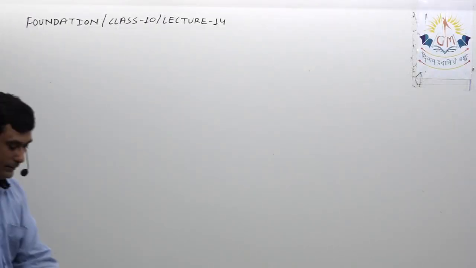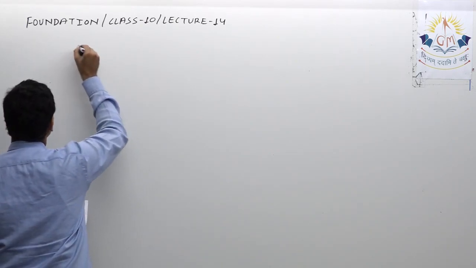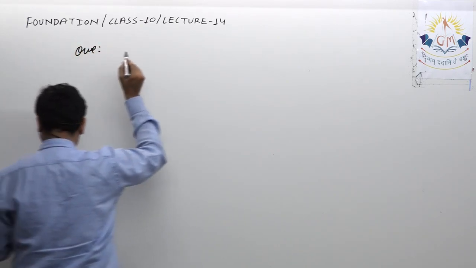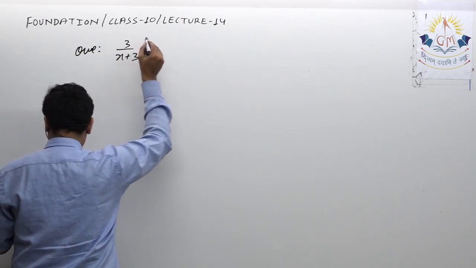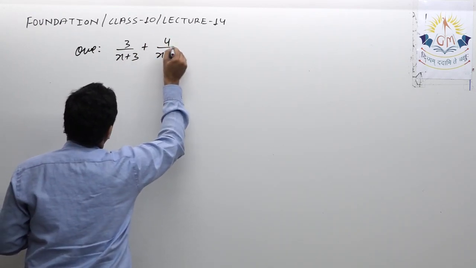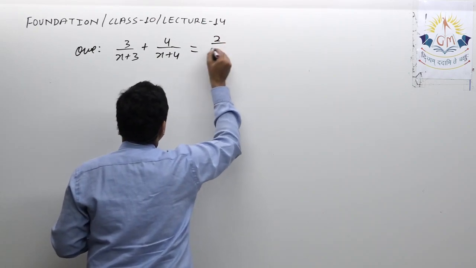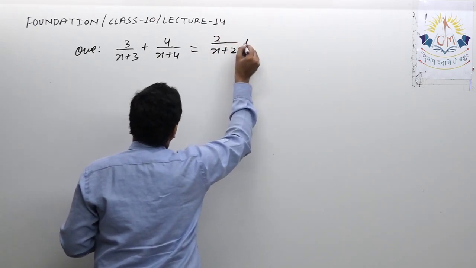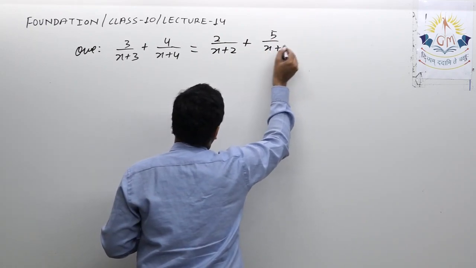Okay, now let us see the next question. 3 upon x plus 3 plus 4 upon x plus 4 is equal to 2 upon x plus 2 plus 5 upon x plus 5.